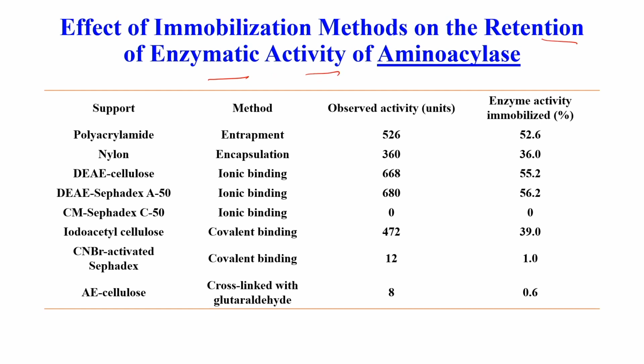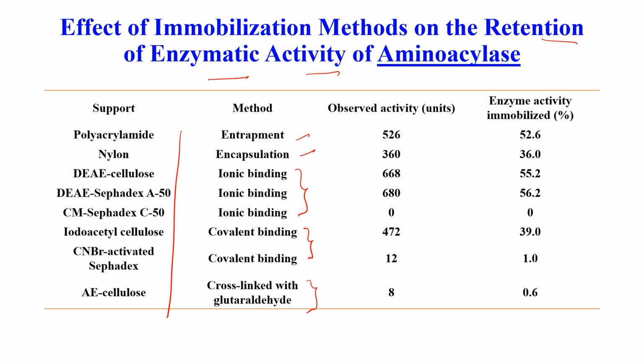Let us compare in terms of performance. You can have different supports, and these are the methods: entrapment, encapsulation, ionic binding, covalent binding and cross-linking, and these are the supports used for the immobilization.